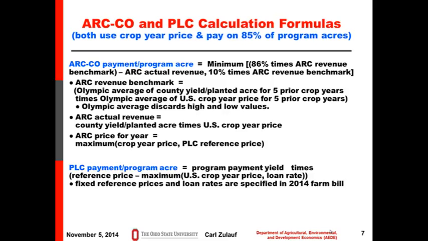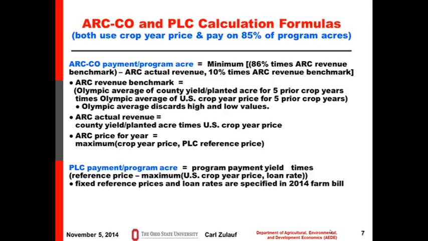For each year, the price can be no lower than the PLC reference price. So there is actually a floor under the ARC-CO revenue benchmark, and that floor is determined by the interrelationship between the county yield and the PLC reference price.